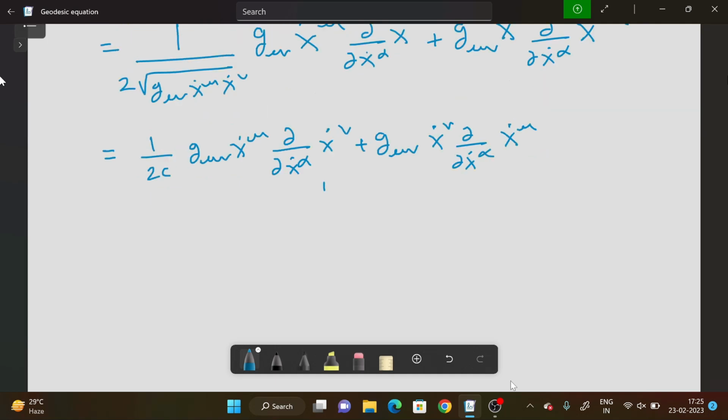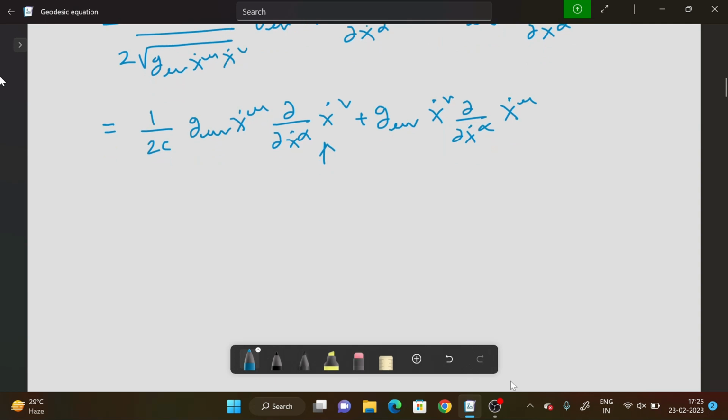Now let us talk about this derivative. It says d x dot nu by d x dot alpha. Notice that this derivative is going to be 1 if nu is equal to alpha, and it is going to be 0 if nu is not equal to alpha.